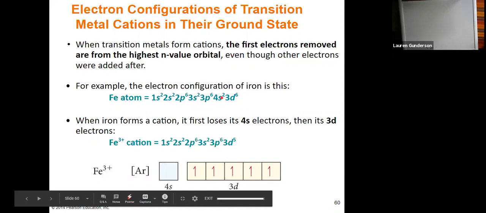After we remove those 2 electrons, then we can remove the additional electron we need to remove from the 3d sublevel. And then we'll rewrite what's remaining: 1s2, 2s2, 2p6, 3s2, 3p6, 3d5. And that is the electron configuration of the iron 3+ cation.